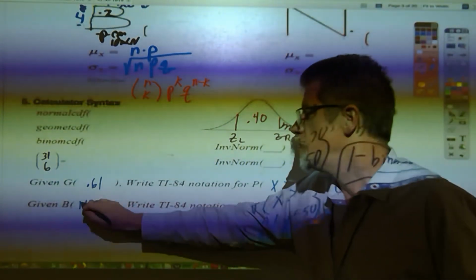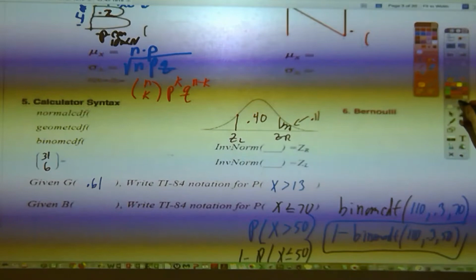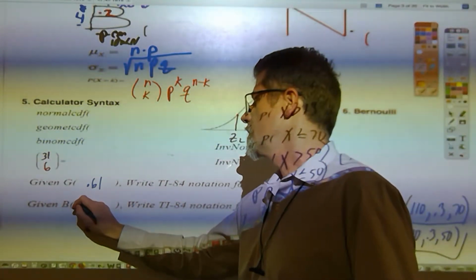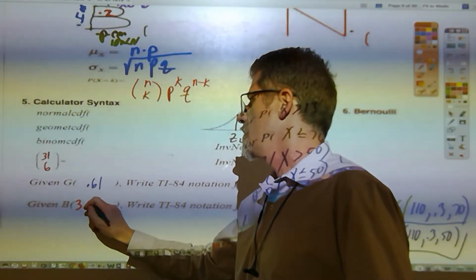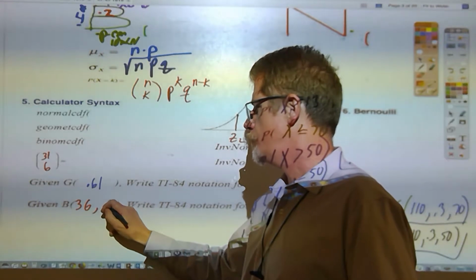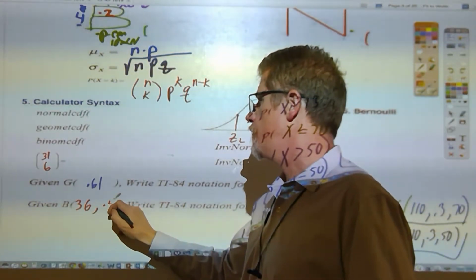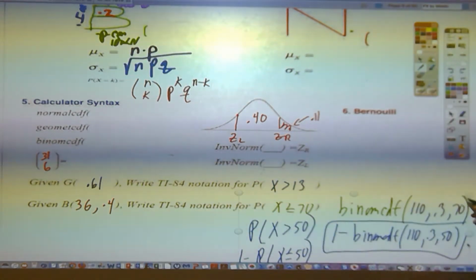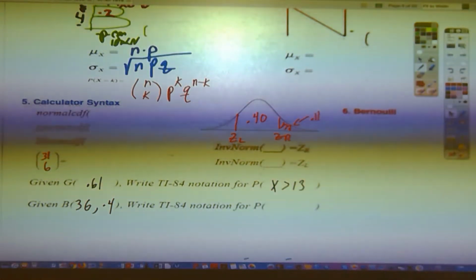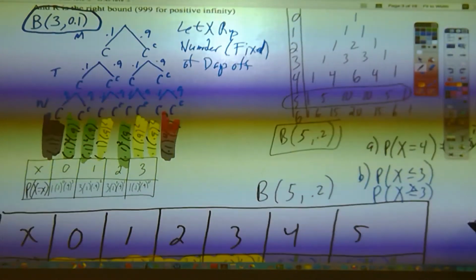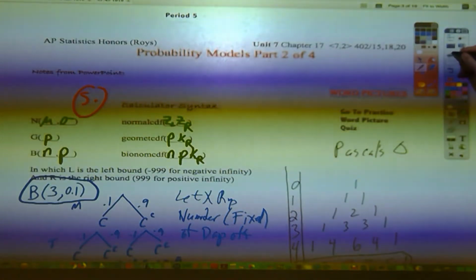And then for the binomial model, please change those numbers to 36 n and 0.4. And change this question. I think I just deleted that page. That's okay.